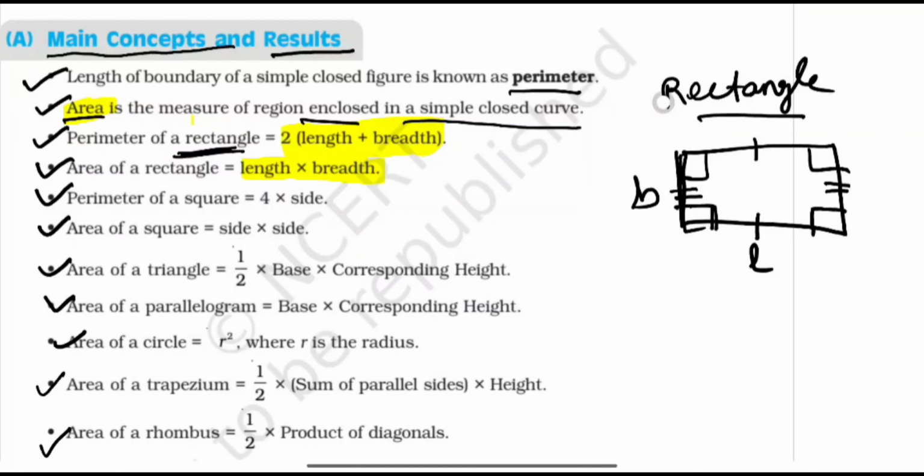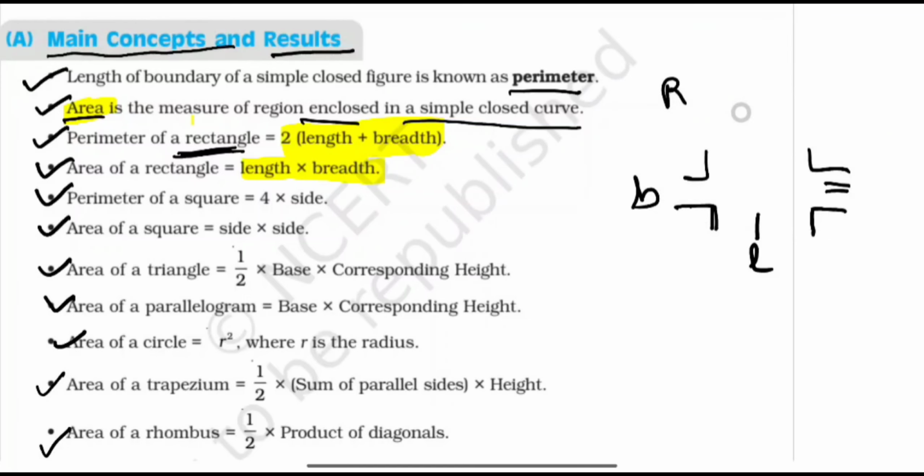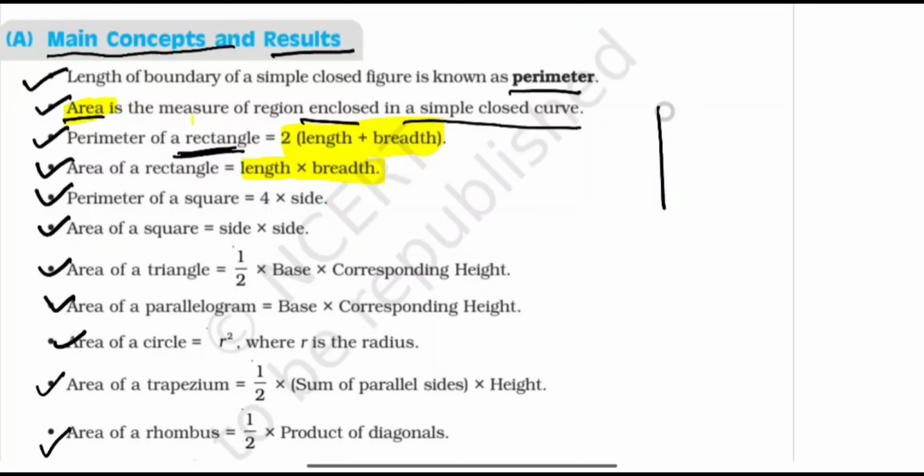Next formula is about the square. First of all, we must know what a square is. As we all know, a square is a quadrilateral in which all the angles are right angles and all the sides are of equal length. So what should be the formula to find the perimeter of a square? All of its sides are of equal length, so the perimeter of a square is 4 into side. You remember this.